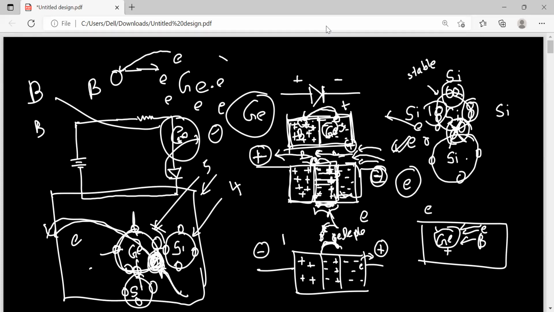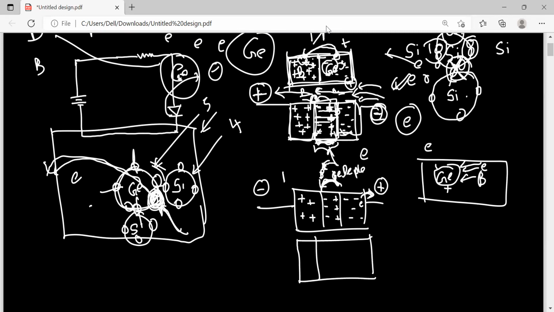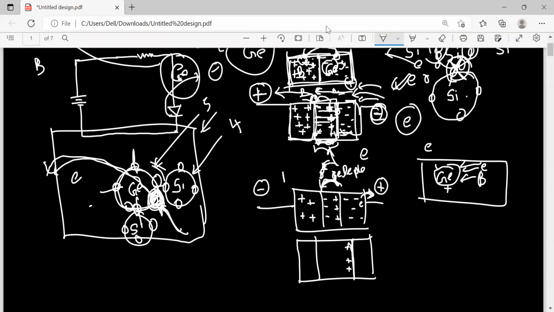So it's applied in this direction, and likewise it's applied in this direction too. So what's going to happen on this side is the depletion region is going to become very thick. So let's say it's going to be like this.